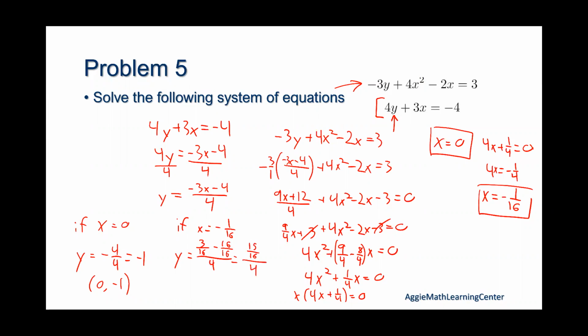And when we divide by 4, we can also multiply by the reciprocal, right? So dividing by 4 is the same as multiplying by 1/4.